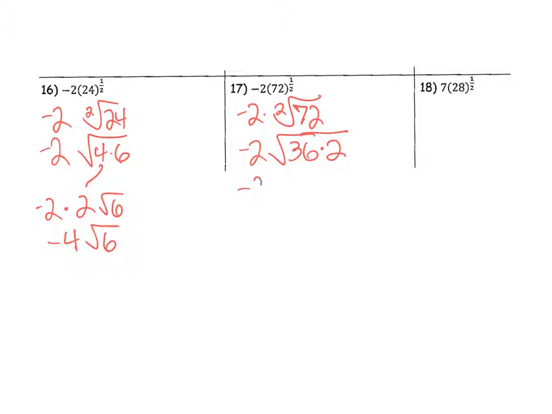And then I broke down 36, which is a perfect square, so I got -2 times 6, and then the 2 on the inside of the square root. Yes. And then I got -12 square root of 2. Do you guys agree with him? It's right. Okay, this is the right answer.